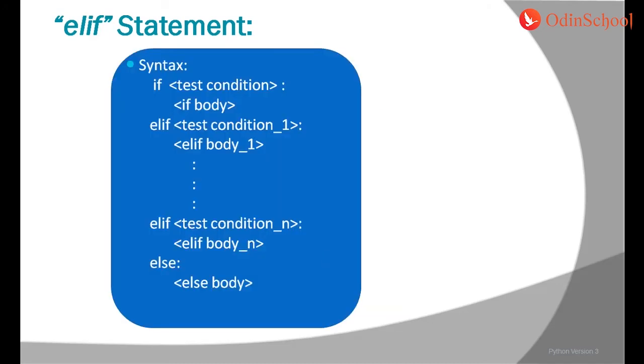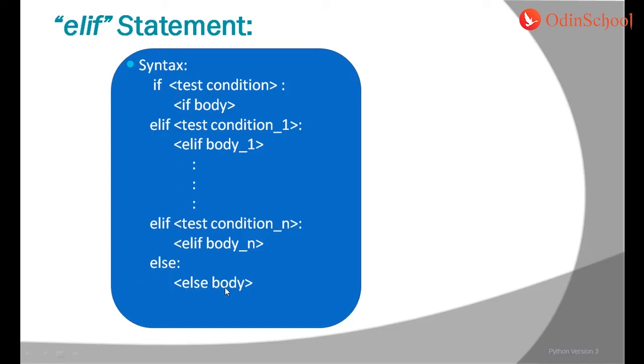This is mainly the syntax of the elif statement: if statement, then body of if, then elif statement, then elif body, the next elif statement, elif body, up to the end. Means like you want 5, 6, 7, 8, as per your conditions you can give multiple elifs here, then else and the else body.